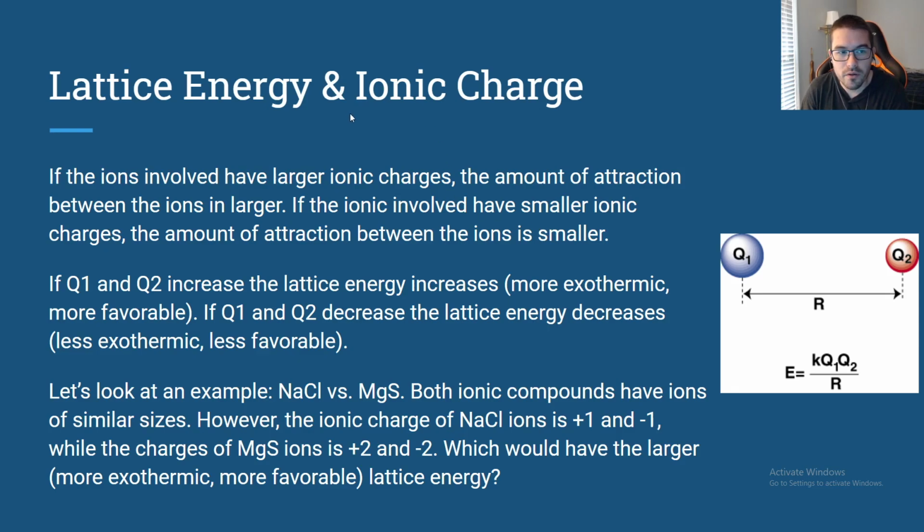And then you can also talk about lattice energy in terms of ionic charge. When you're talking about an ionic solid and you're trying to talk about lattice energy, the charges of the ions can matter as well. So the bigger the charges, the more exothermic or more favorable the energy is going to be. And if the charges are smaller, then the lattice energy is going to be lower, or less exothermic or less favorable.